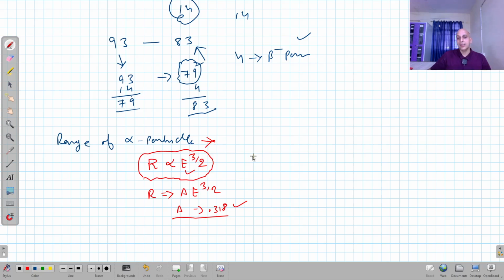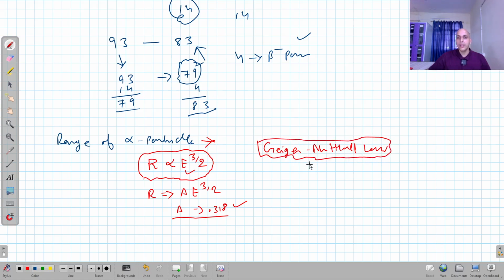Then we have the Geiger-Nuttall law. It is again an important topic in nuclear physics.